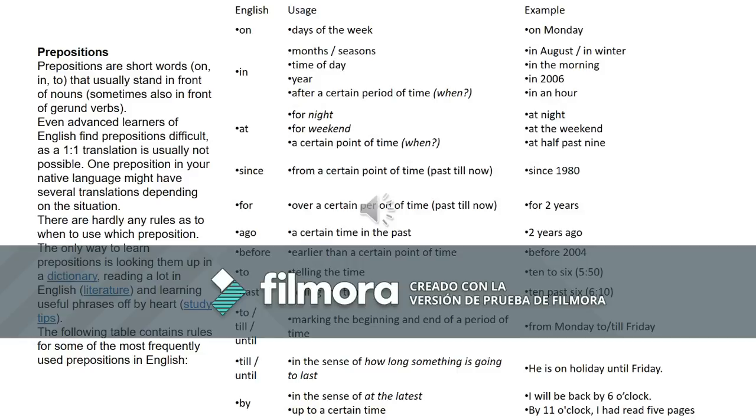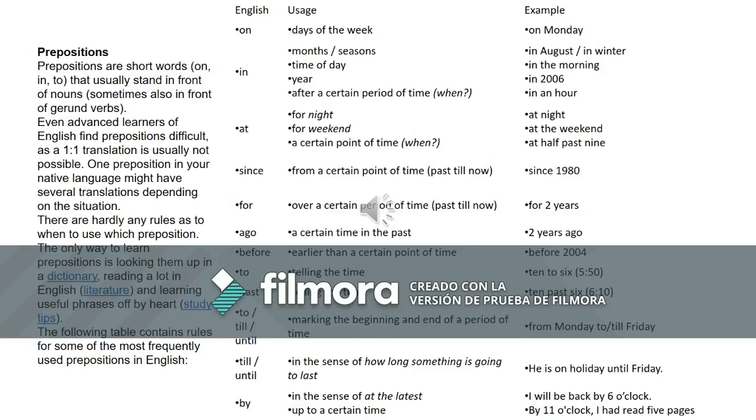Examples. On. It can be used, for example, in this case, for days of the week. On Monday, on Tuesday, on Wednesday, on Saturday. In. It is used for months, seasons, time of day, year, after a certain period of time. In August, in winter, in the morning, in 2006, in an hour, etc. At. At is used for night, weekend, a certain point of time. When. At night, at the weekend, at 9:30.